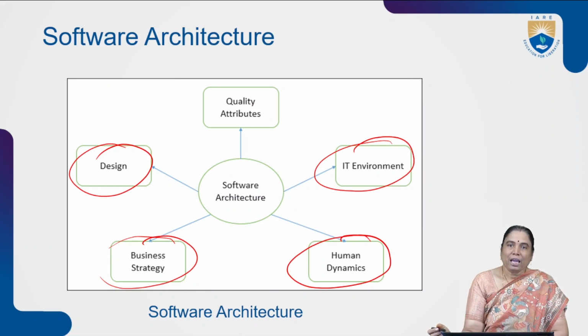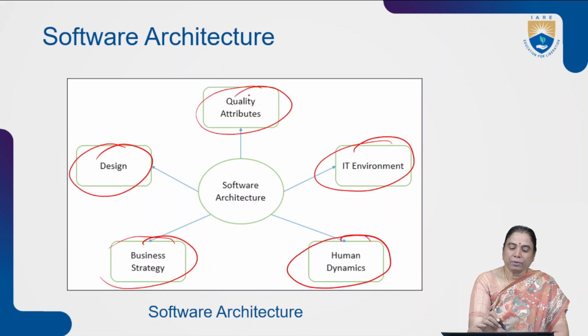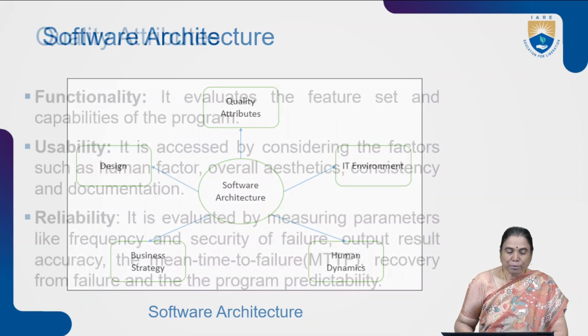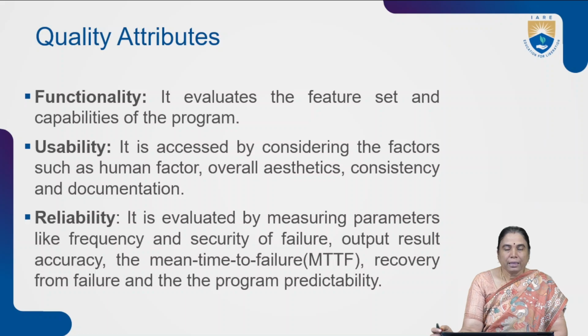Quality attributes are related to the software architecture. The quality attributes are generally coined with the term FURPS.